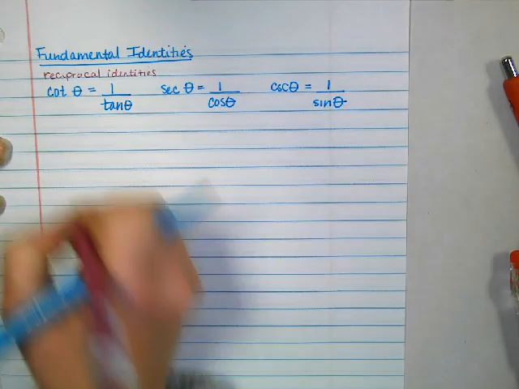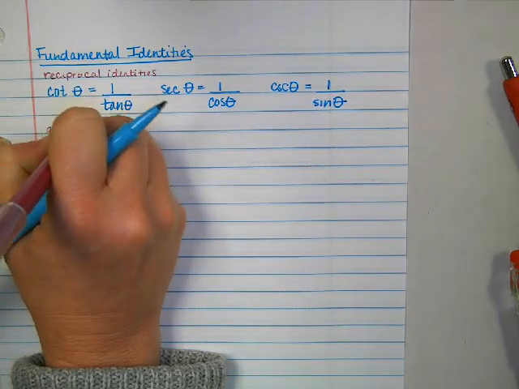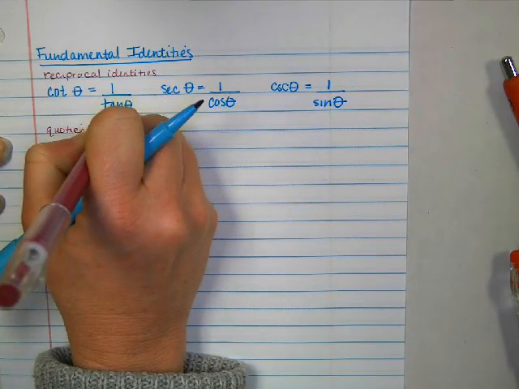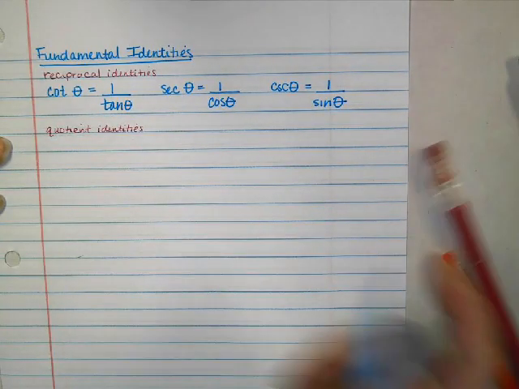So the first set are the reciprocal identities. The next set is the quotient identities.